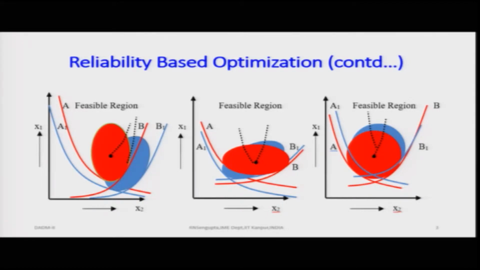Now, if it shrinks or increases the space, then obviously you will have the 2 other boundaries corresponding to A 1 and B 1, now would be A and B. Hence, the combined area considering A and B would be the red circle, and the center of that circle will give you the actual solution based on the level of reliability which you have supposed for yourself for this problem.